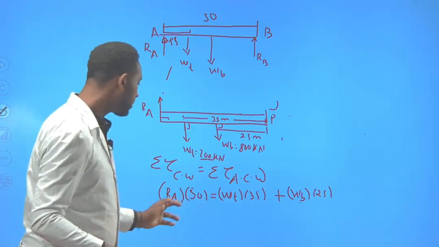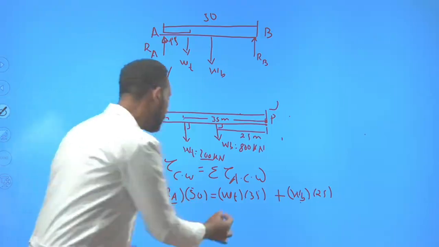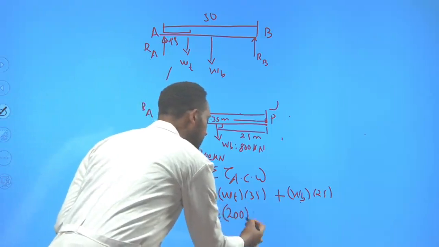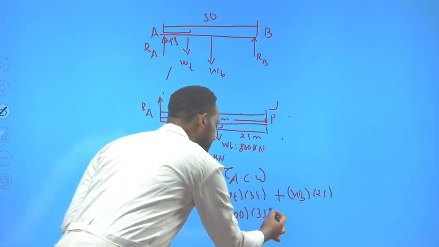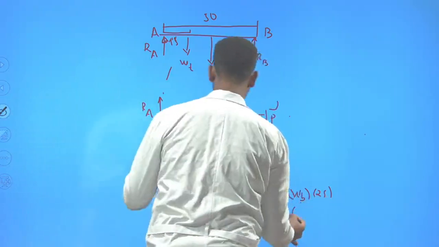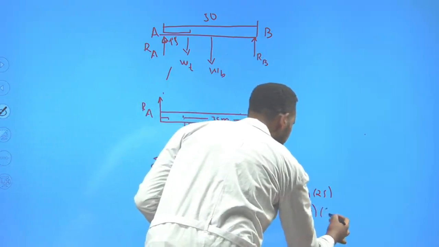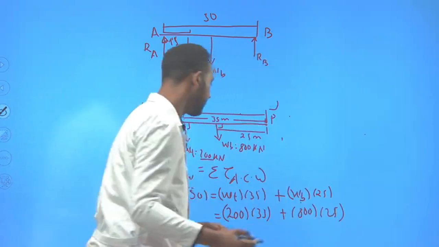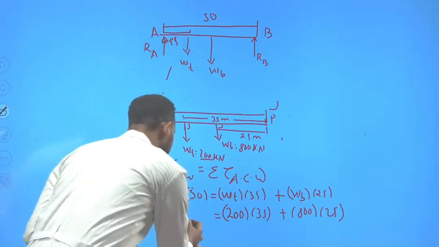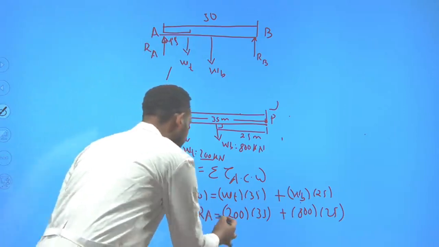A times 50. Actually, the only thing that we didn't know is the reaction at point A, because the weight of the truck is 200 kilonewton times 35, and the weight of the bridge is 800 times 25. Therefore, it equals reaction A times 50.